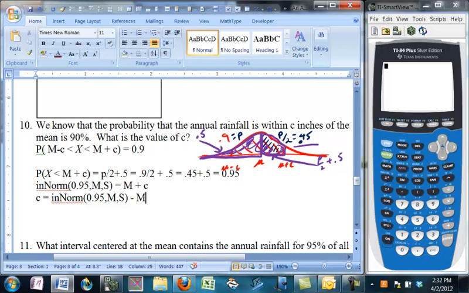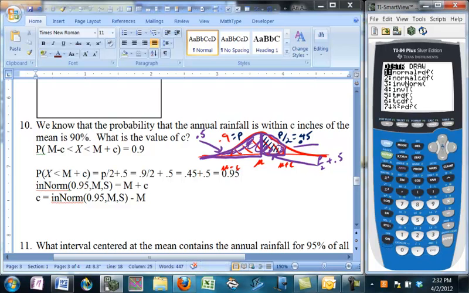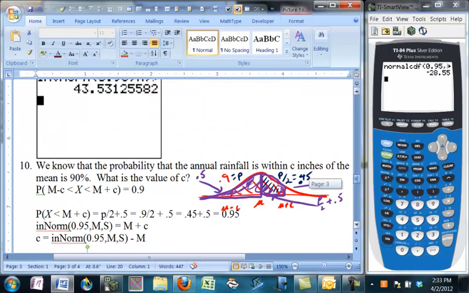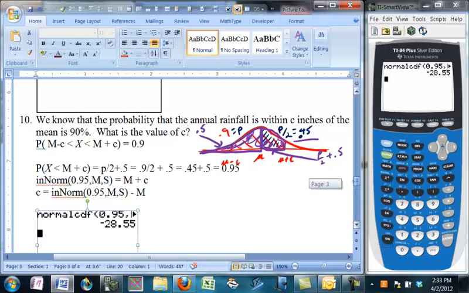Easy enough to do. Inverse norm 0.95 with a mean of M, standard deviation S, and then we still have to subtract off M. So, oh, that doesn't look right.